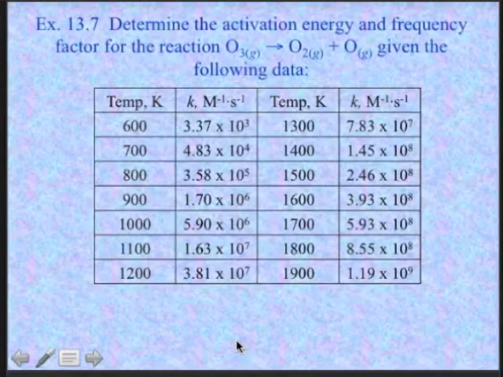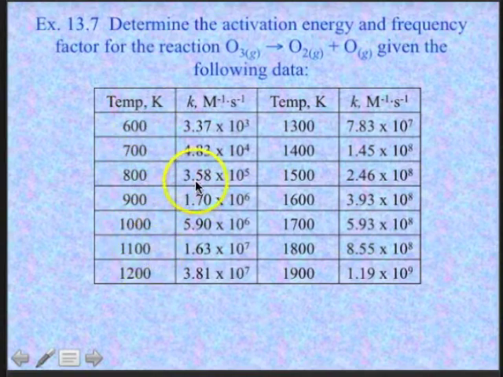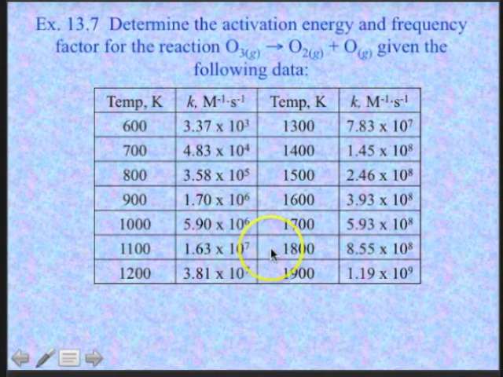So here's a question: determine the activation energy and frequency factor for the reaction ozone forming oxygen gas plus atomic oxygen, given the following data. Here are temperatures, and here are rate law constants at different temperatures.